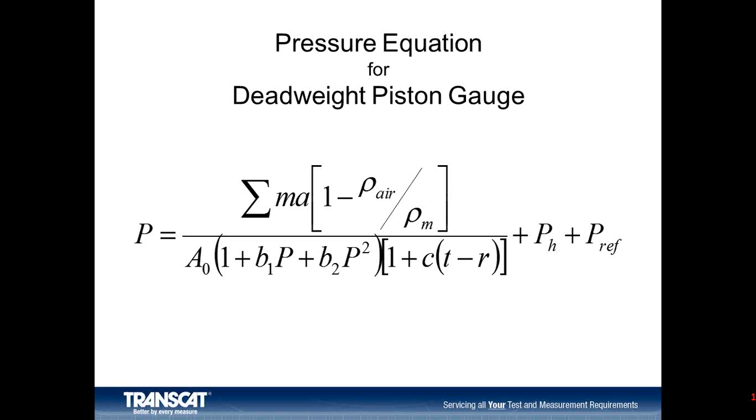For example, the uncertainty in height would be in inches or centimeters or millimeters. The uncertainty in mass might be in grams or kilograms or pounds. The uncertainty in air density, perhaps grams per cubic centimeter. And we need to translate all of those to a common unit of measure, pressure in this case, before we can combine those together.